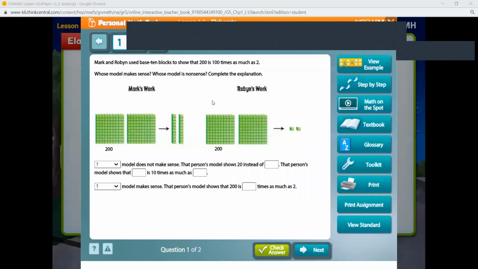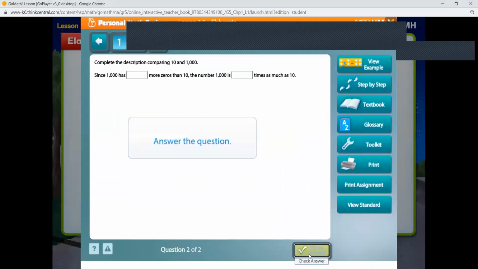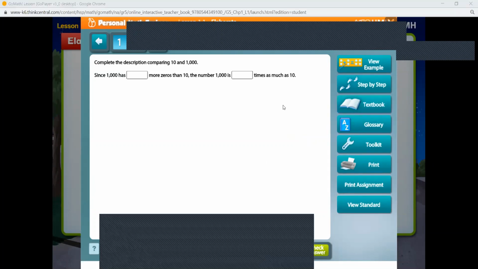Okay? Hello, yes. So, you remember when it was times and when it was dividing in place value? The number increases, that means it is times. Yes, girls. So you remember this, right?